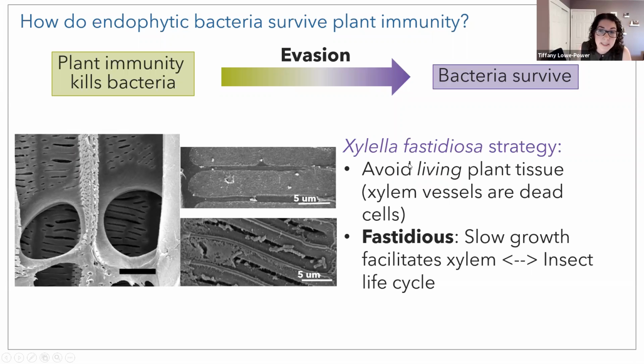An example of this is Xylella fastidiosa, a bacterium that stays within the xylem. And the xylem is actually a dead tissue and doesn't have living plant cells in it. So by staying within the xylem, the model is that Xylella is able to cut down on the amount of plant recognition of itself and doesn't elicit a strong plant immunity. And so it can evade detection.